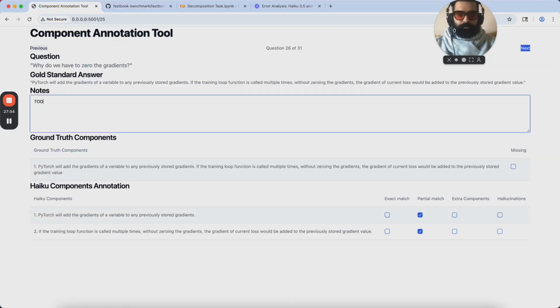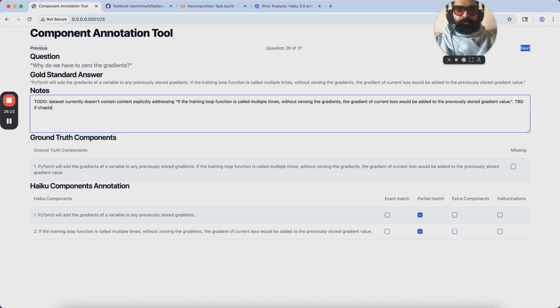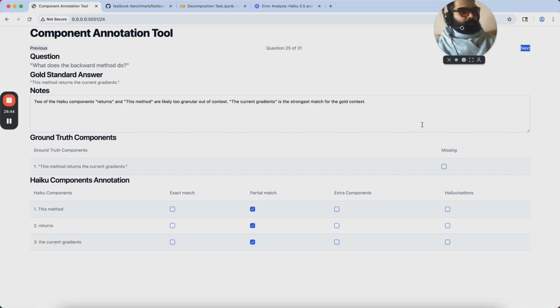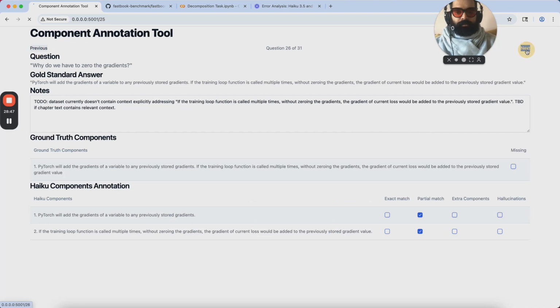So, to do: dataset currently doesn't contain context directly, or I would say explicitly, addressing this part. TBD if chapter text contains relevant context. The chapter text does talk about previously storing, but it's not talking explicitly about the adding, the accumulation of gradients. So that might be an adjustment to the dataset.